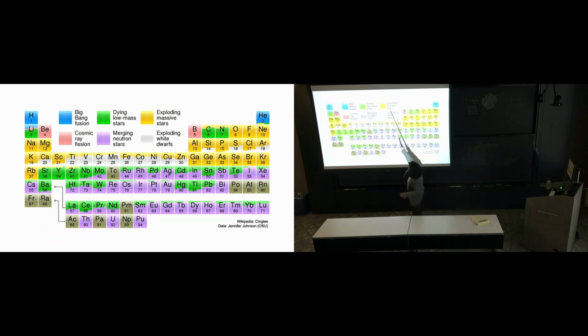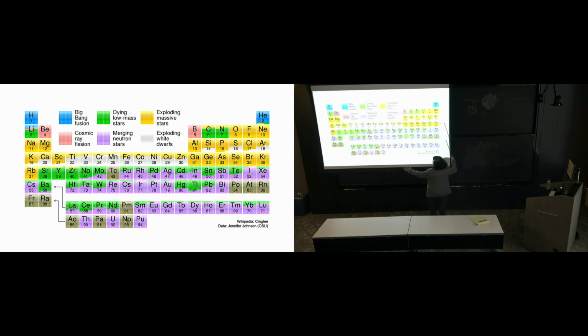Supernovae are these exploding massive stars that indeed create many of the elements that we care most about. Depending on the mass of the stars, you can have different sorts of endpoints that have different, in detail, sorts of nuclear reactions.